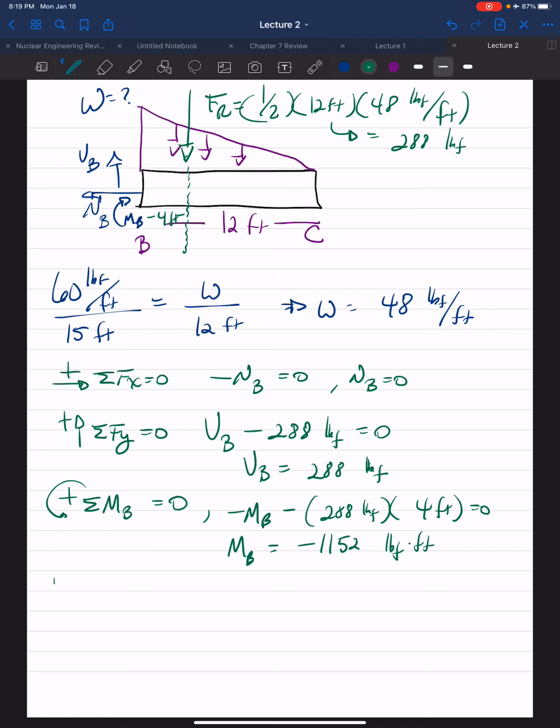So the negative sign indicates that the moment acts in the opposite direction as to how we have it on the free body diagram.